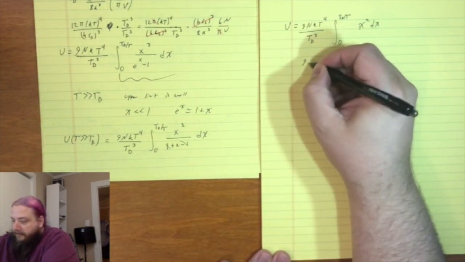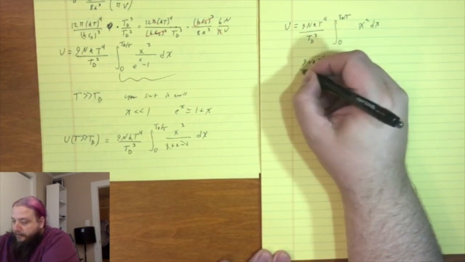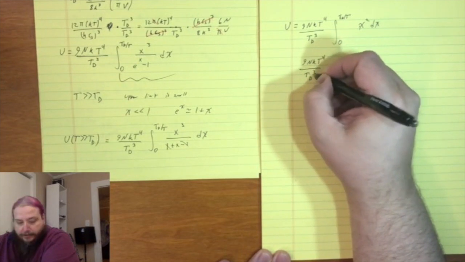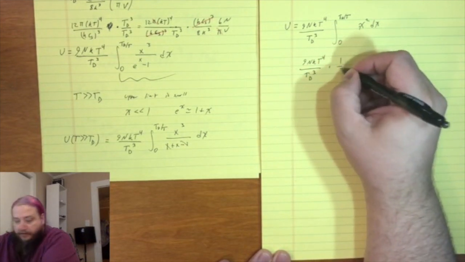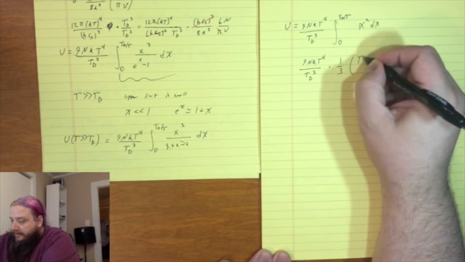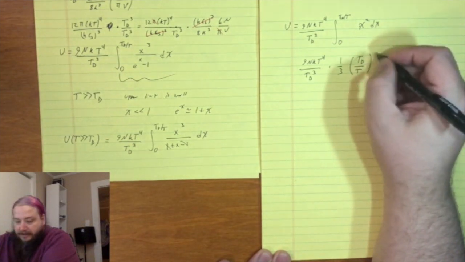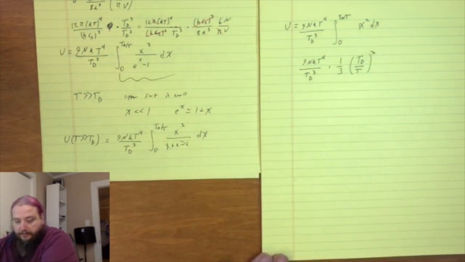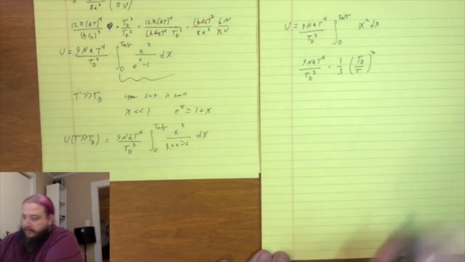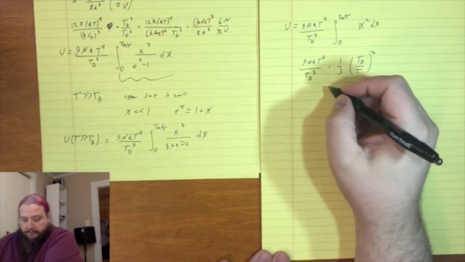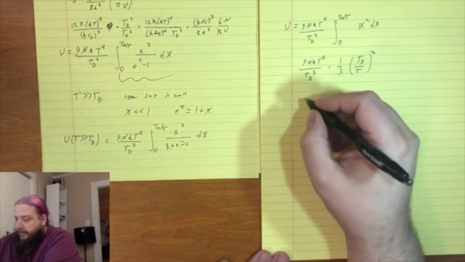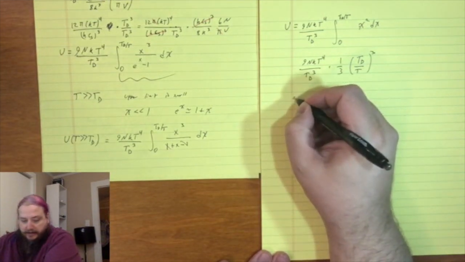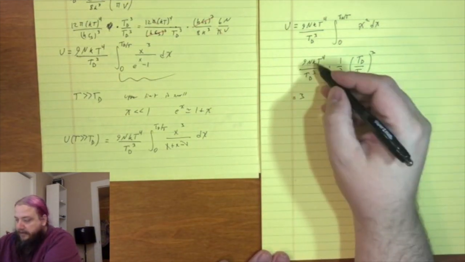This is just going to give us 9nkT to the 4th over T_D cubed times 1/3 T_D over T cubed, and the 9 cancels with part of the 3 and gives us a 3.